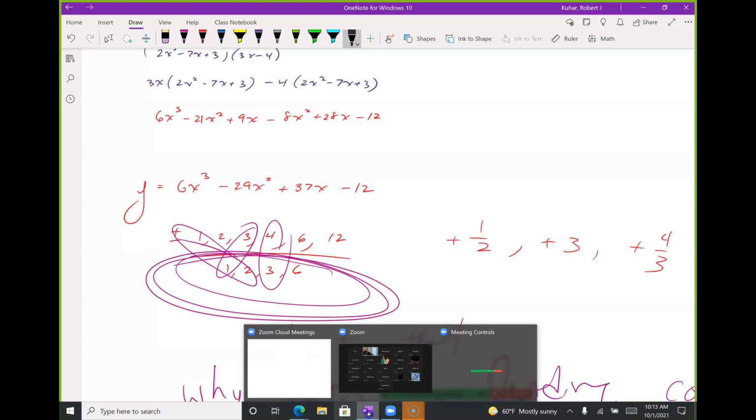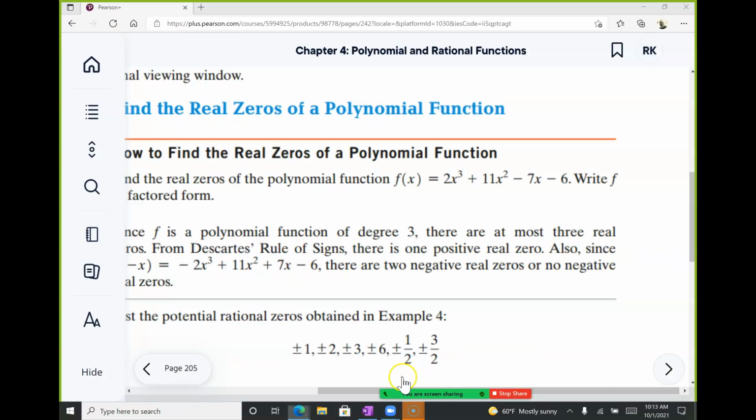Since I got one sign change, there could be 1 positive root, there could be 3 positive roots, there could be 5 positive roots, etc. But I know I have at most 3 roots, right? It's an x cubed problem.